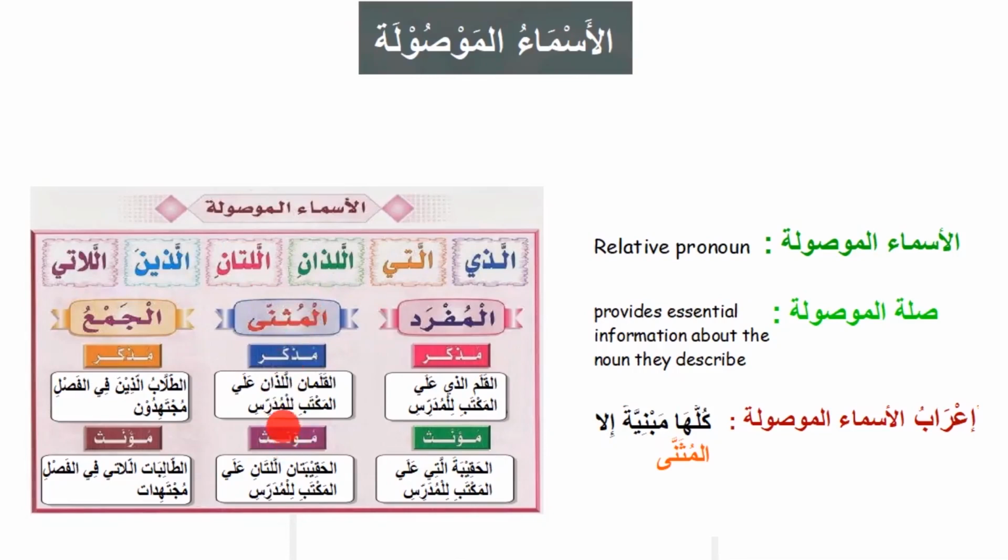When you come to jamu, plural: Allazina is used for jamu muzakkar, when the plural you are talking about are masculine. And Allati for jamu mu'annath, when the plural are feminine. For example, if several girls are standing and you are referring to them, use Allati. That is why, as I said, you have them in pairs.